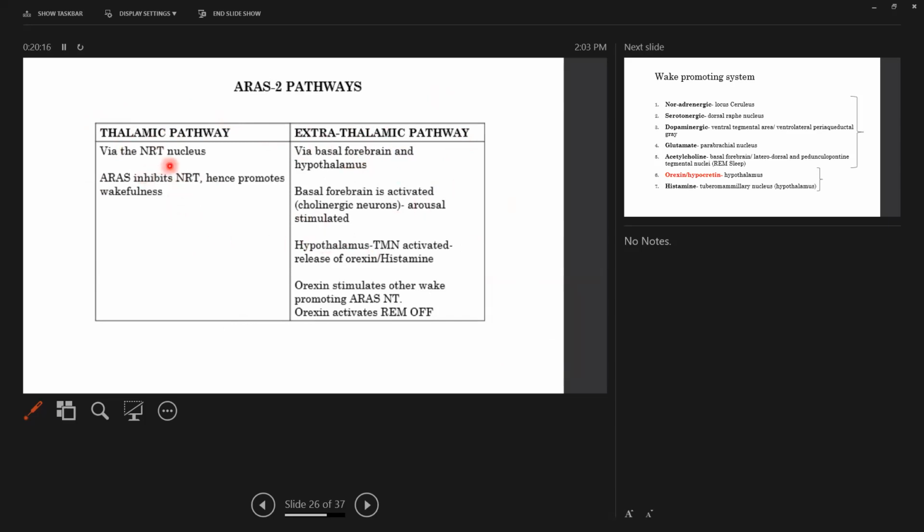As I mentioned in the previous slide, the NRT nucleus of thalamus inhibits all the other thalamic nuclei, and hence the stimulation to the cortex is inhibited. Now ARAS will inhibit this NRT. So when the nucleus reticularis thalamus is inhibited, its inhibitory control over the other nuclei is also inhibited, and it will promote wakefulness.